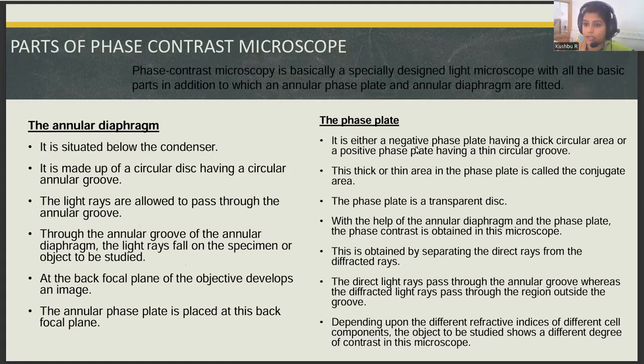It can be a positive phase plate or a negative phase plate that we can use in the phase contrast microscope. They are generally a transparent disc. The annular diaphragm and the phase plate together help produce the final magnified image. The role of the phase plate is to quantify the phase shift and produce the final magnified image.